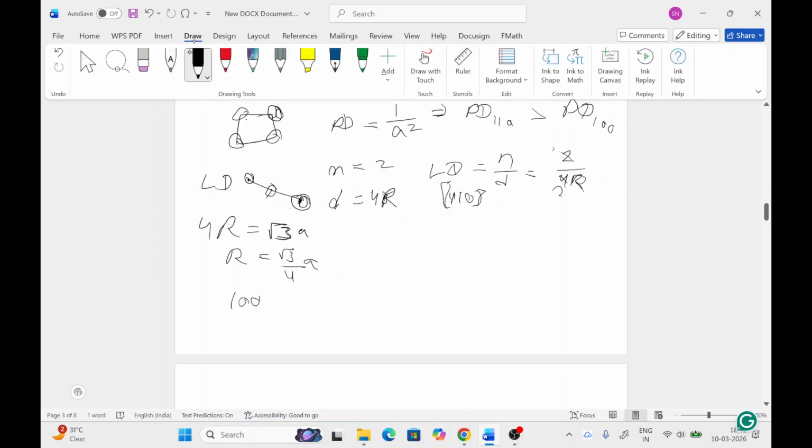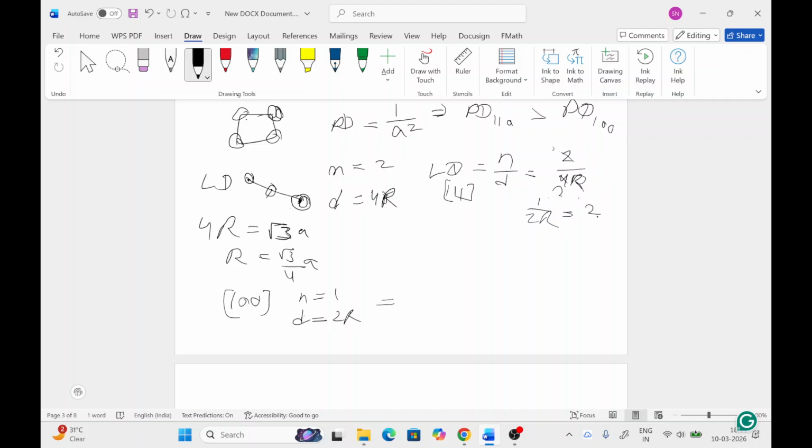So this is for the 111 direction, and for the 110 direction, we have number of atoms 1, and distance is 2r. Here r is root 3a by 4.